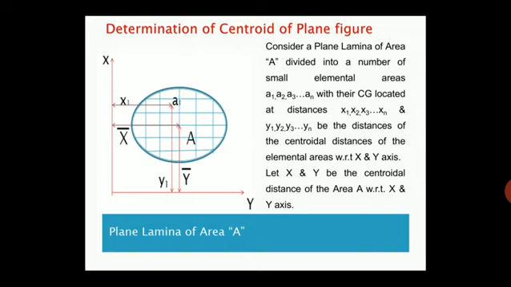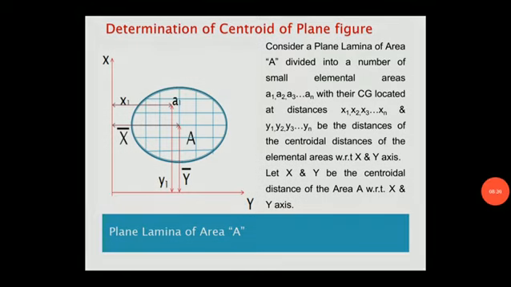Now let us divide that body into small elements, each of area say A1, A2, A3, so on up to An, such that their centroidal distances from the axis are x1, x2, x3, so on up to xn, and y1, y2, y3, so on up to yn. That means the entire area A is divided into small elemental areas A1, A2, A3, such that if we add all the small elemental areas, we'll get the same area, capital A.